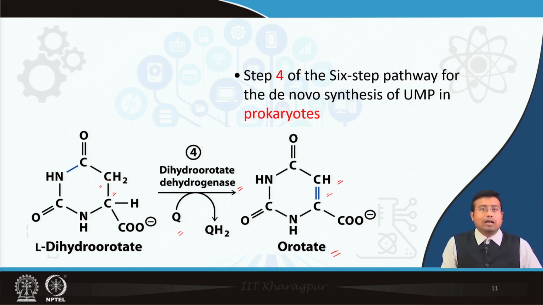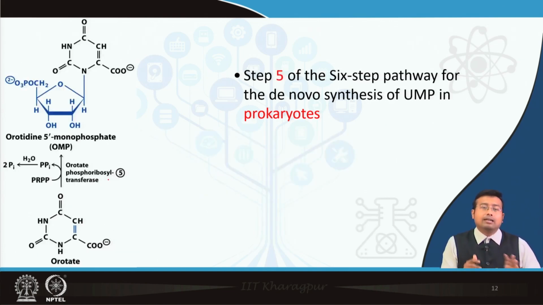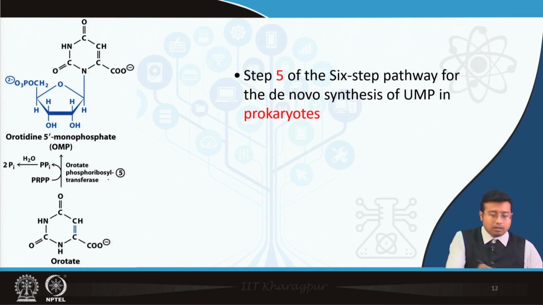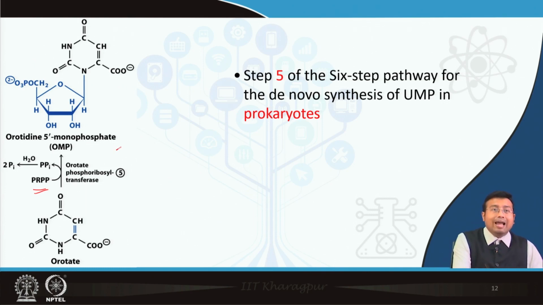In the next step, what will happen? Once we have the ring, as I discussed, now it will be added to ribose 5-phosphate, and we already read who is the donor of ribose 5-phosphate in all purine and pyrimidine de novo pathways. Yes, you have guessed it right, PRPP. So, the enzyme is orotate phosphoribosyl transferase, and it forms OMP, orotidine 5' monophosphate.